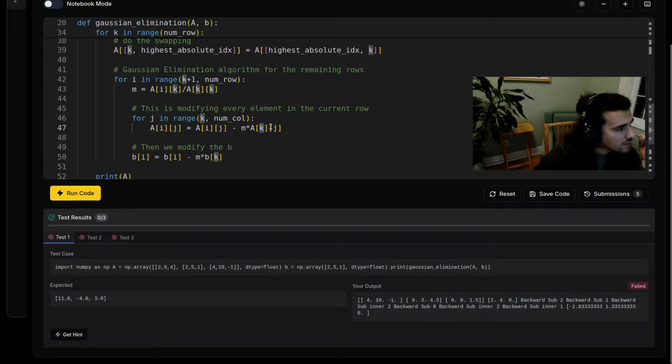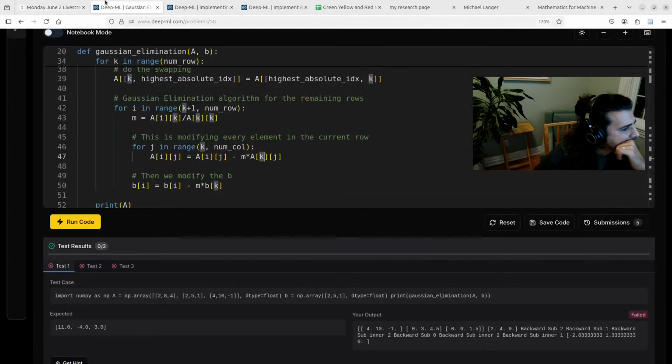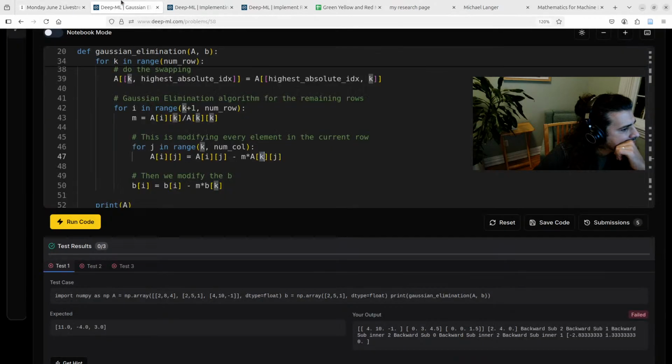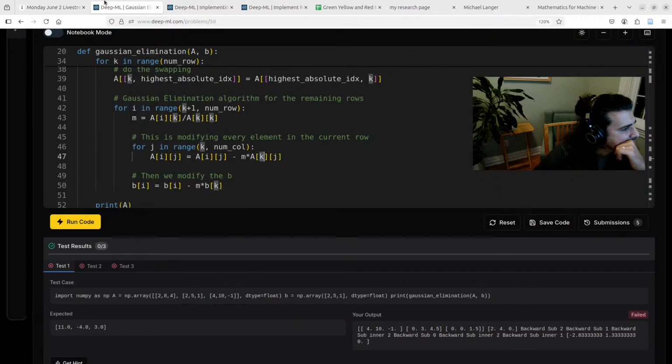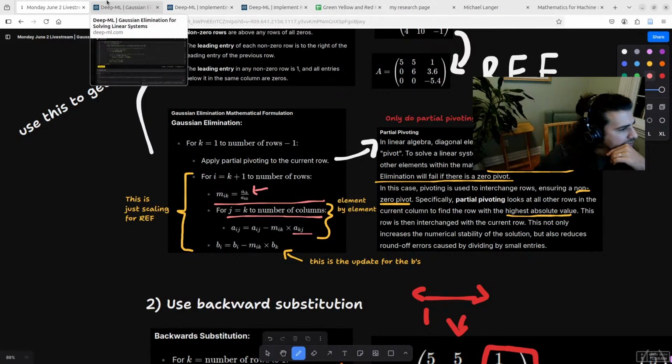So the previous row, now we're moving into that. Okay, that seems good. Is it the B that is messed up? No, that one also is good.